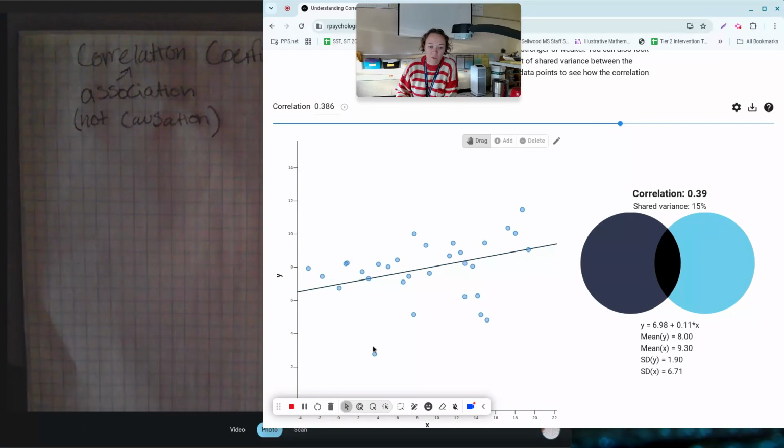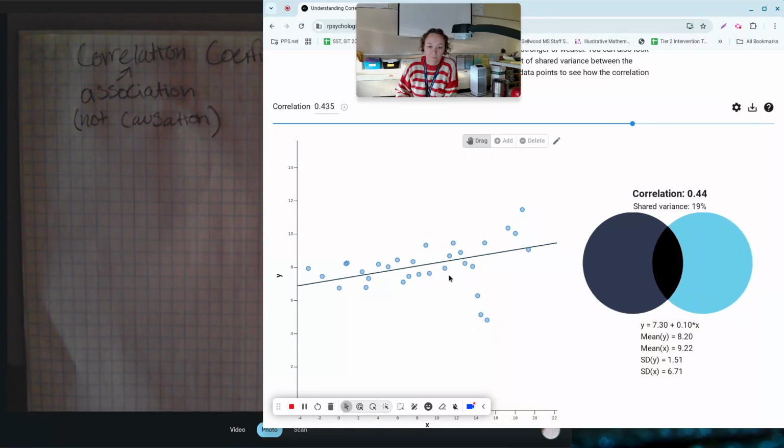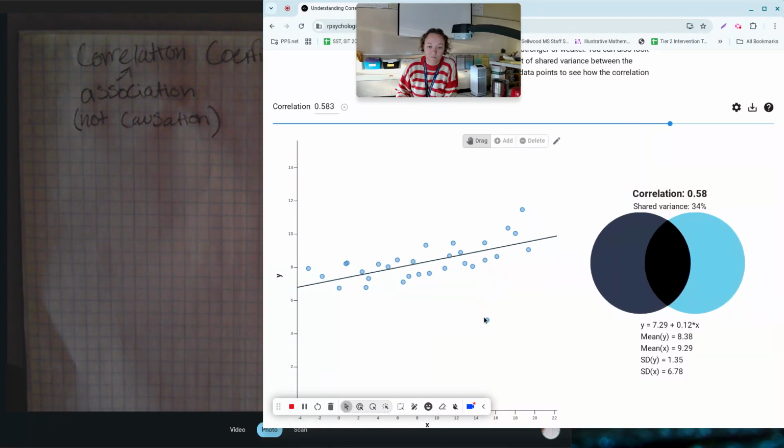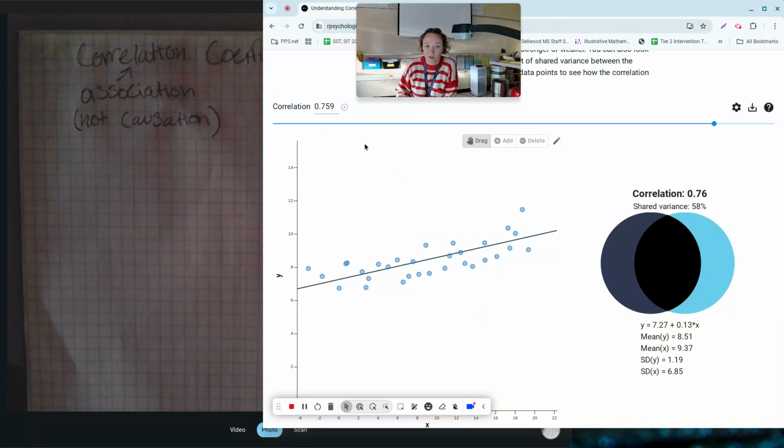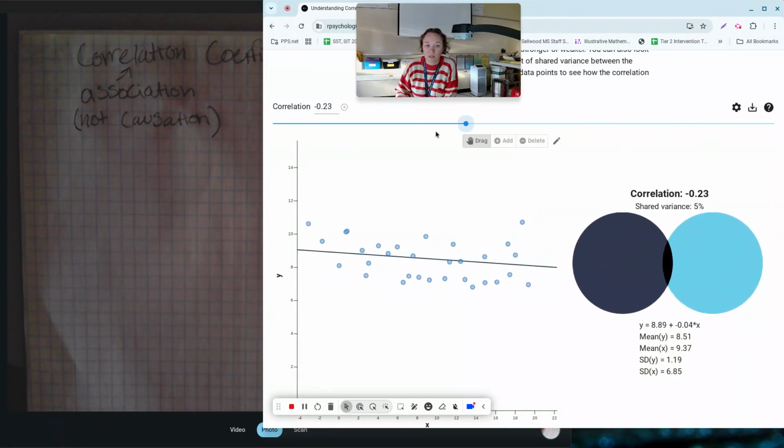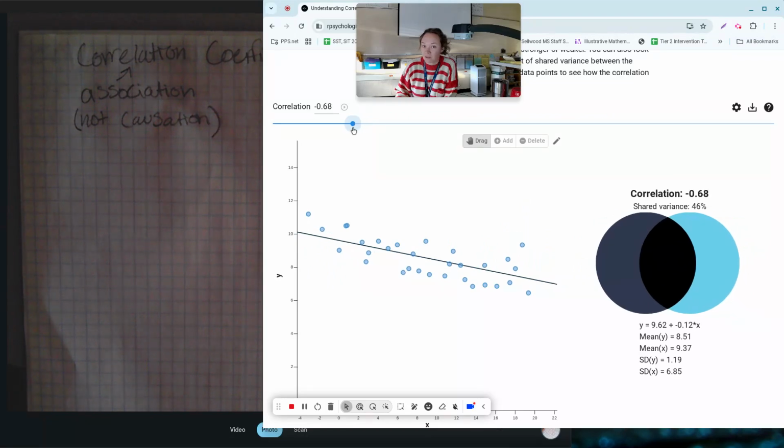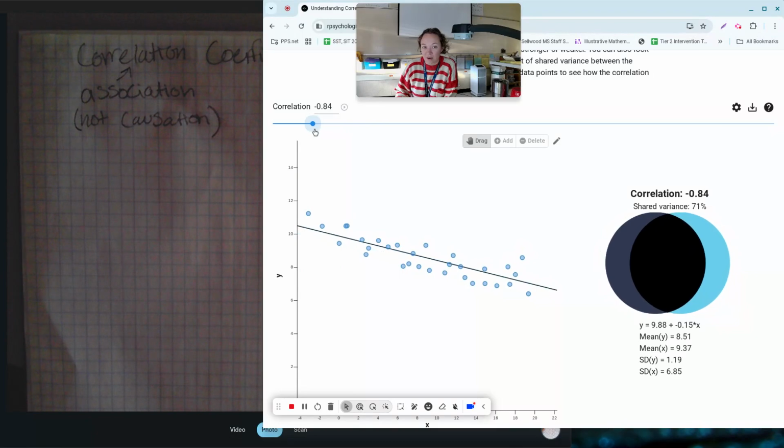So as these points are getting closer and closer to the line, the correlation is getting bigger. See how I made it all the way up to 0.7 by just dragging those points in? If I take these down into negatives, the same relationship happens, except now the slope is negative.